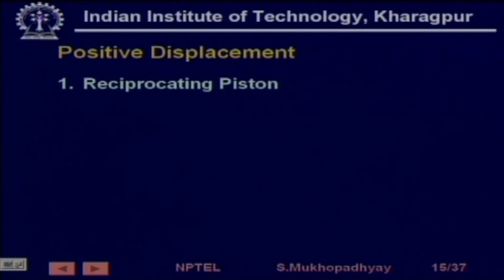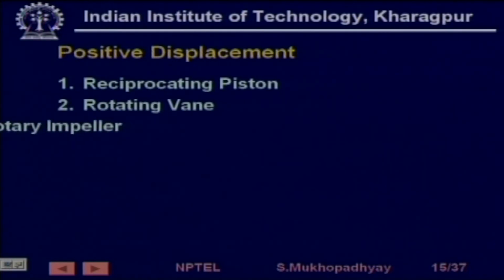So, positive displacement could involve linear motion or circular motion. You can have either reciprocating piston type, or rotating vane types or rotary impeller.